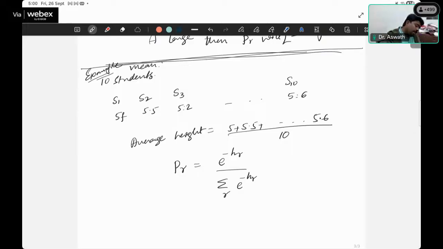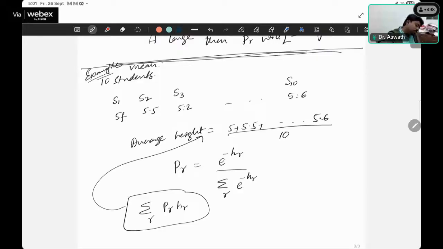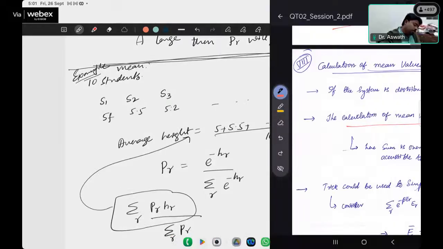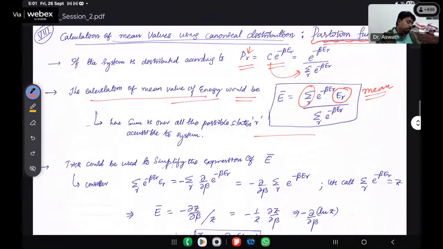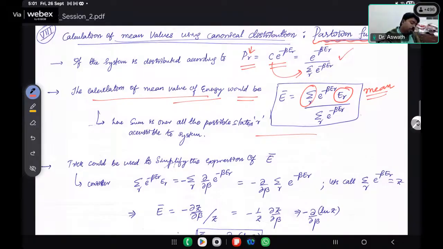The mean height is the summation over all possible P_r multiplied by the height of each person. What is this quantity? This quantity is this, divided by the overall normalization, that is the sum of P_r, by the way. From here, we can find the mean energy of the system. Knowing the distribution, we can find the mean energy. Okay, let me remove this.